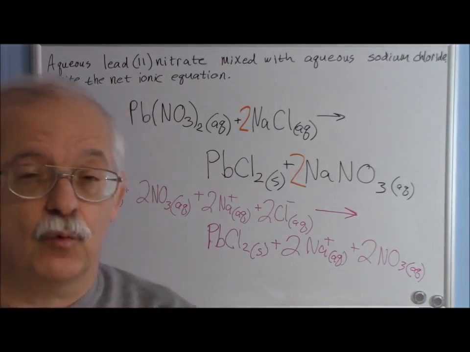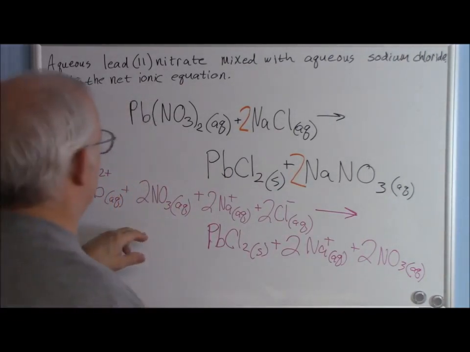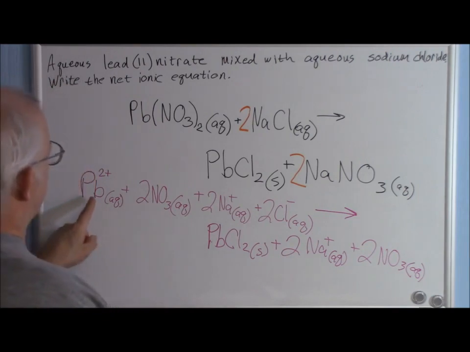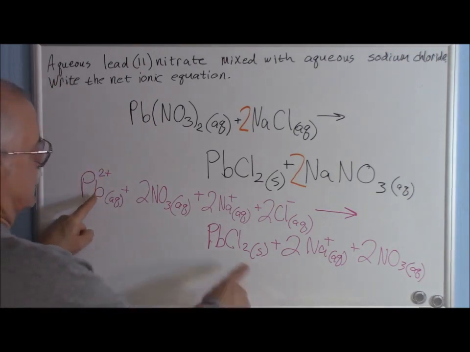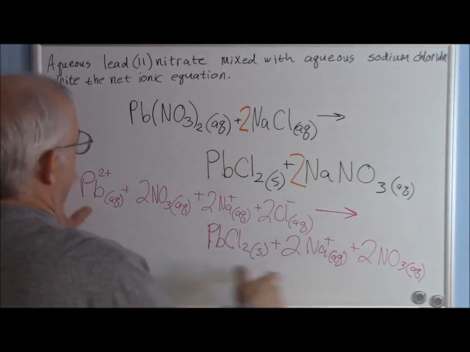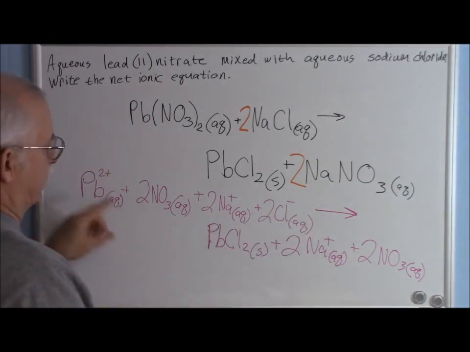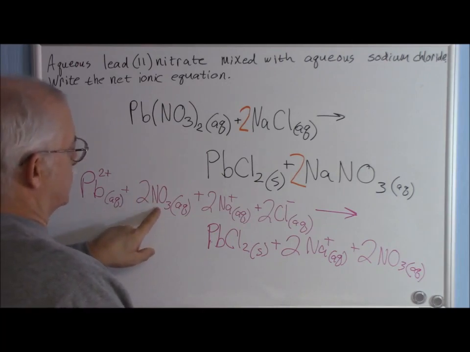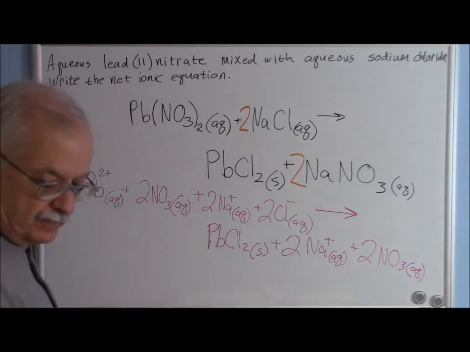Now let's figure out what our spectator ions are. Well, on the left I have lead 2+, and on the right I do not have lead 2+, so I can't call that a spectator ion. I have 2 nitrates on the left.